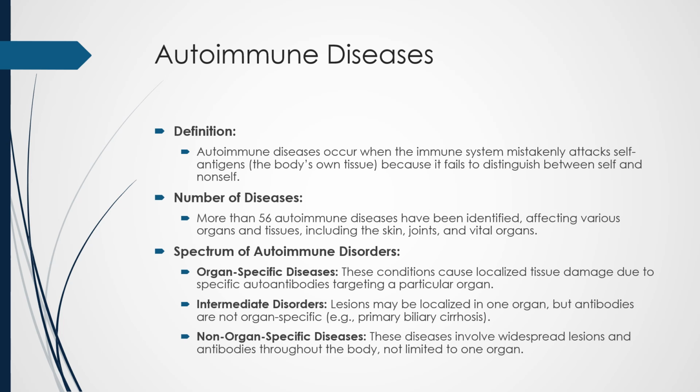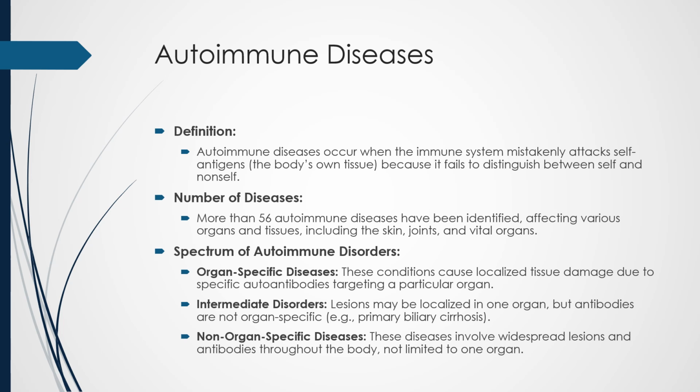There is a spectrum of autoimmune disorders. Organ-specific diseases are conditions that cause localized tissue damage due to specific autoantibodies targeting a particular organ. Intermediate disorders are where lesions may be localized in one organ, but antibodies are not organ-specific.